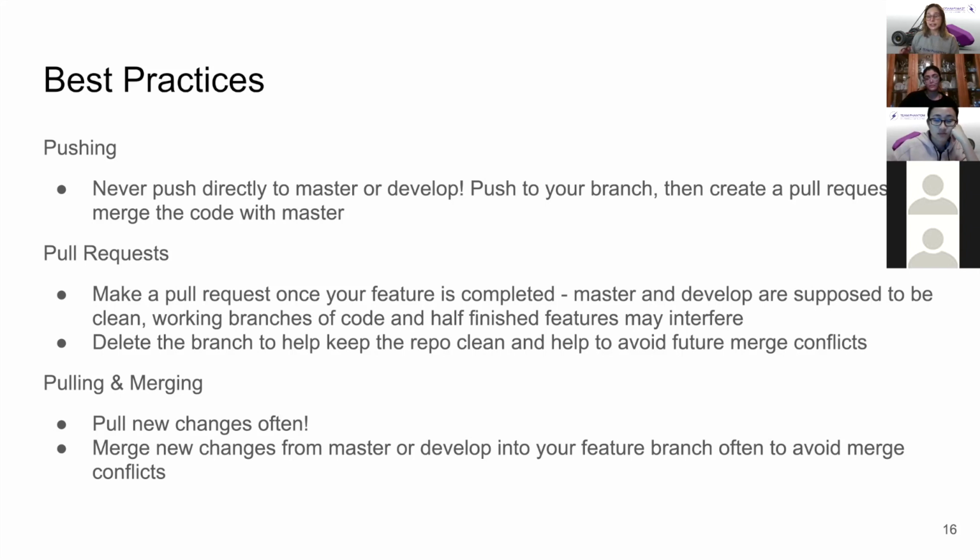If your friend adds a new feature at 2 a.m., you'll have that new feature in your code when you start working. And that will help you to avoid merge conflicts, which we'll talk more about later. And then when you pull the new changes, always merge them into your different feature branches.